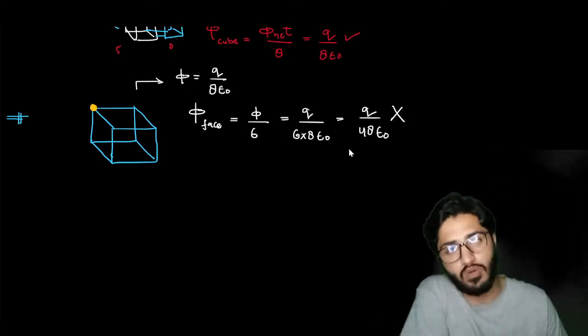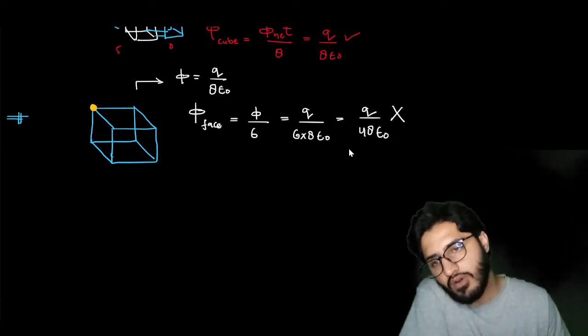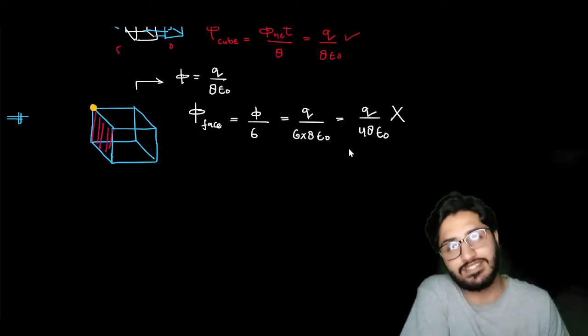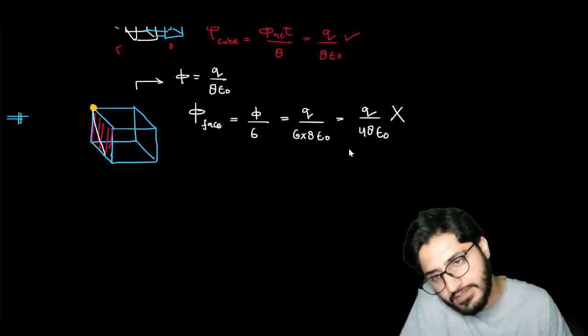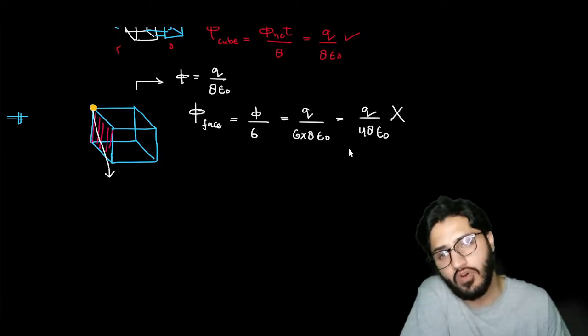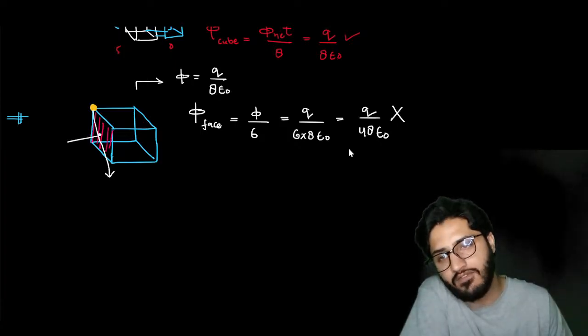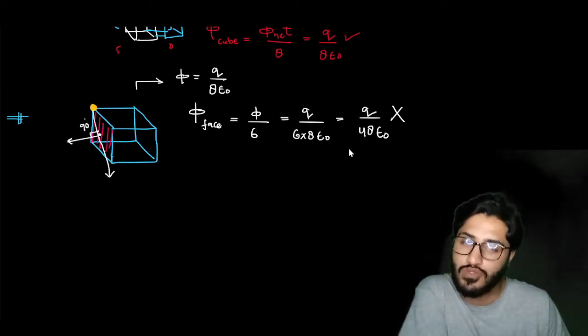Do you know why? Look, if we talk about this side, my flux will be in this way, and my electric field will be in this way. I guess the angle is 90 degrees. So flux will be 0.